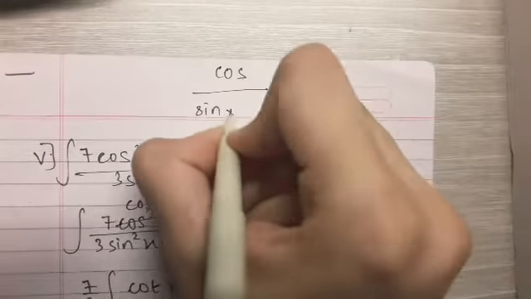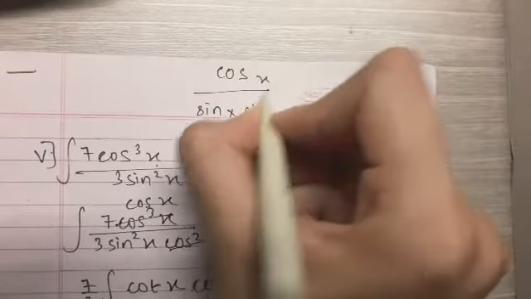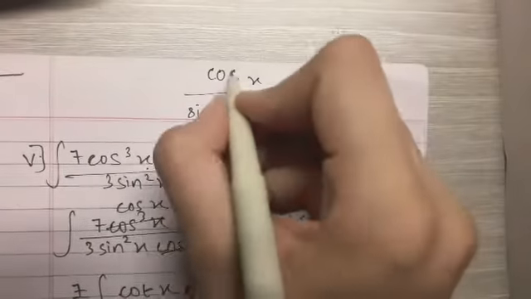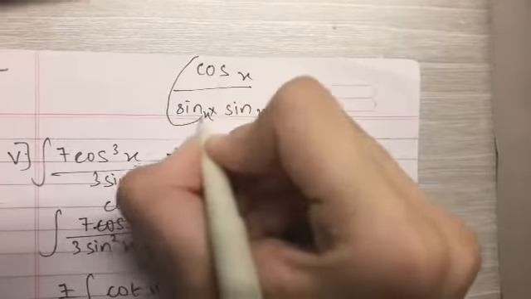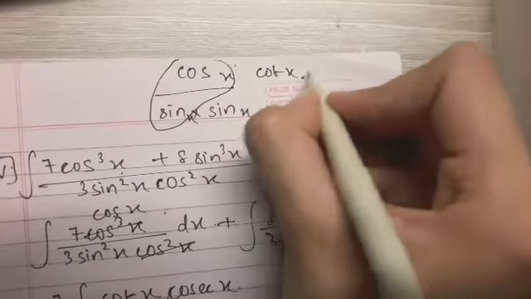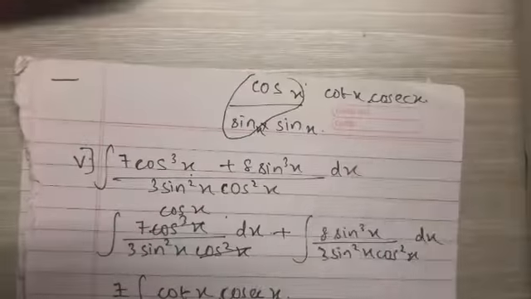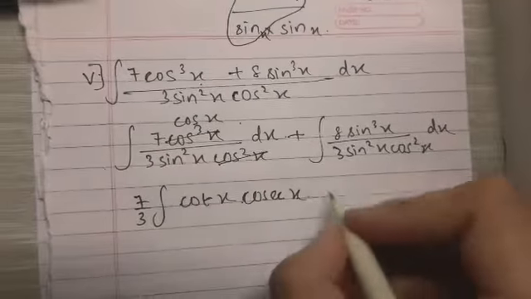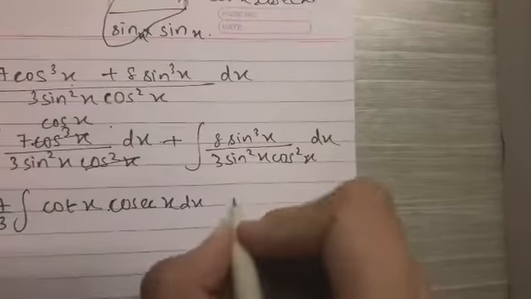Let me just show you once again. So we have cos upon sine into sine. Cos by sine becomes cot, and this 1 by sine x becomes cosec x. So we know the integral of this. Now let's just take the constant outside here.